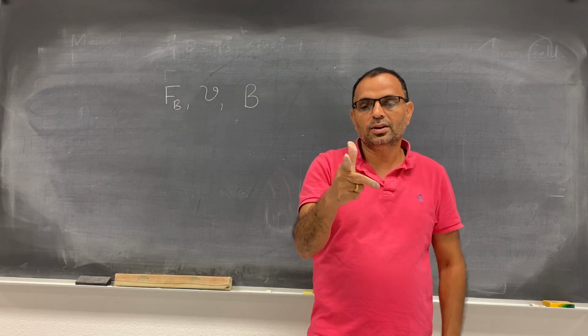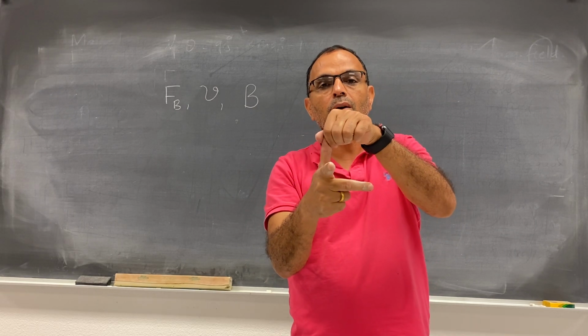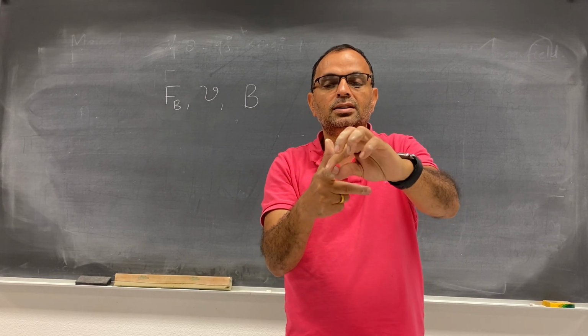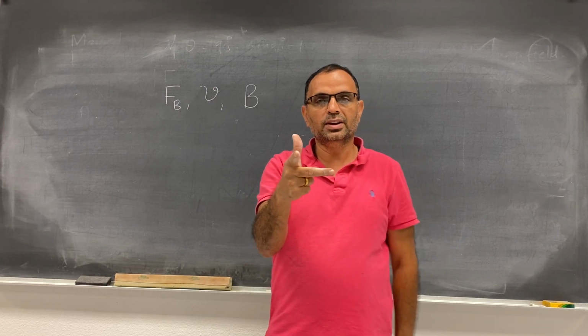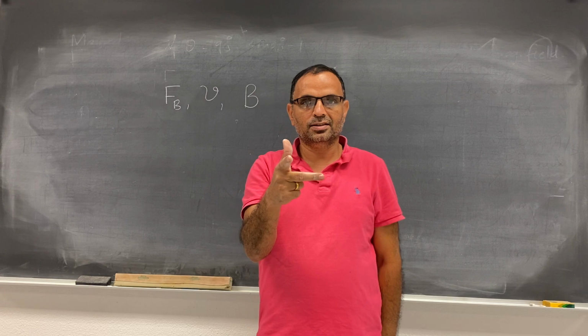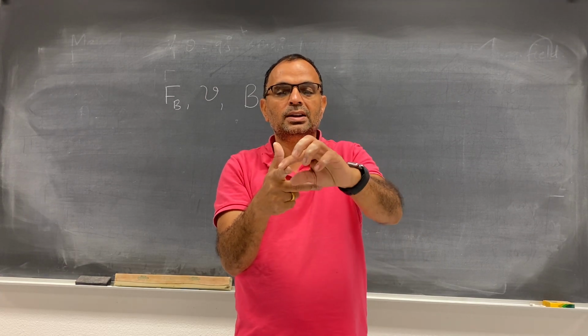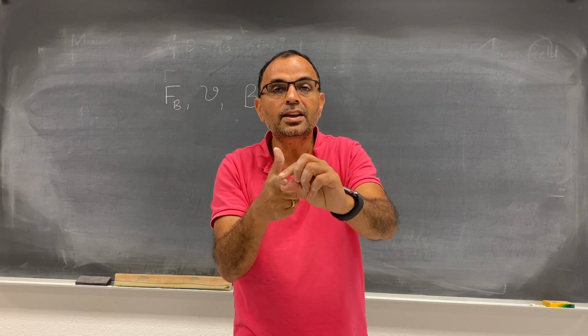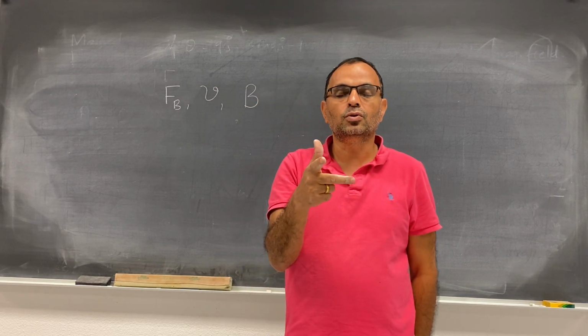Or you can do it this way also: if you want to use three fingers, they are mutually perpendicular. The thumb is the force, this is the velocity, and this is the magnetic field. You can use this if you have to figure out the direction, since sometimes it is confusing. This is also the right hand rule.